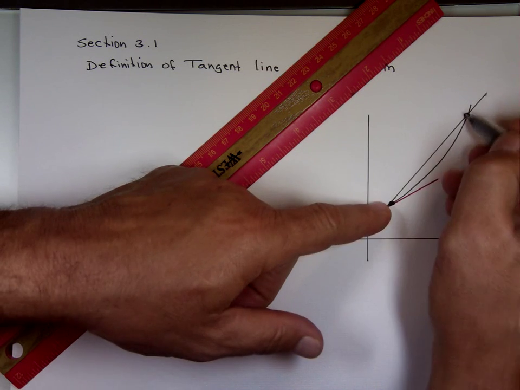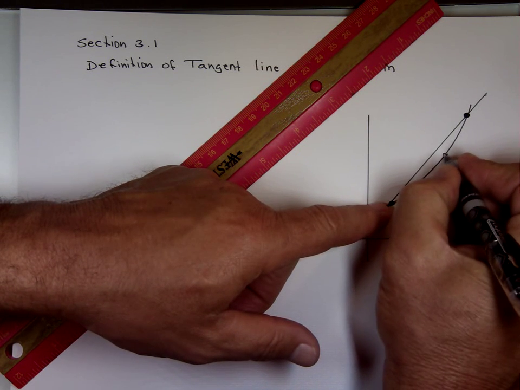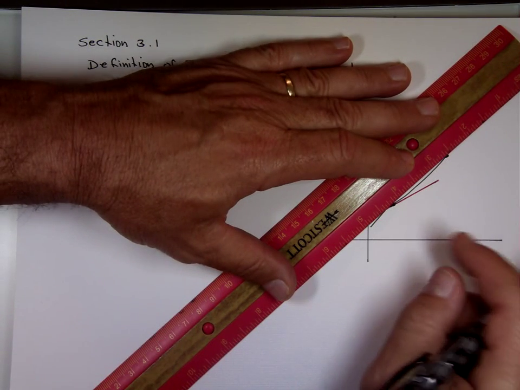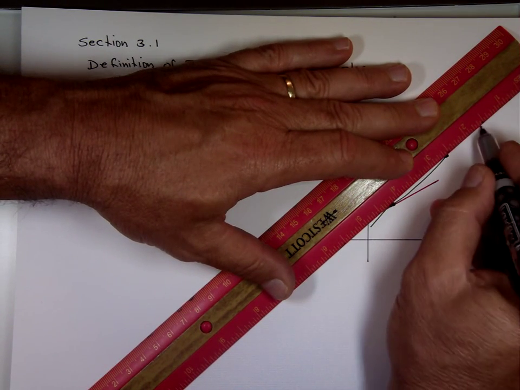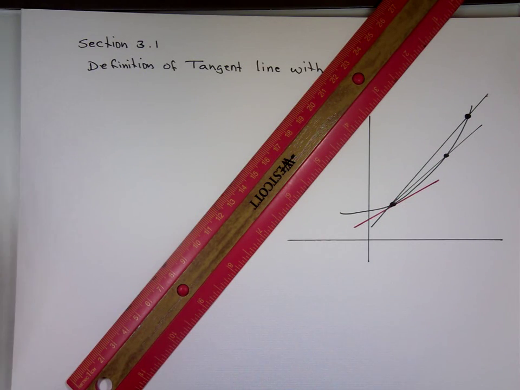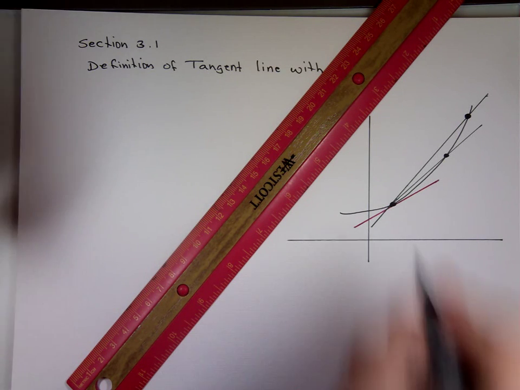Well, let's bring that point closer to this. Let's use that one. What about if I use that point and this point, and I find the slope of them? Does that look like the red line? No, but it's a little bit better than the other one. Let me get closer.